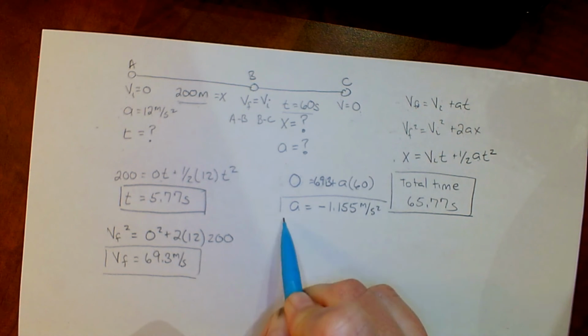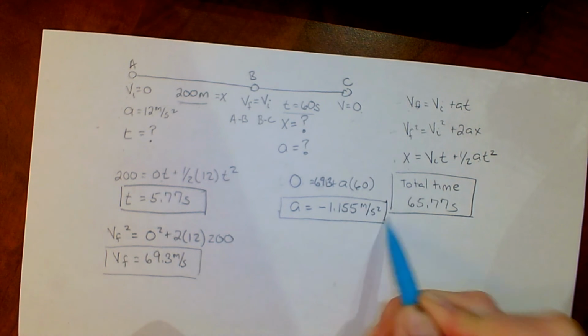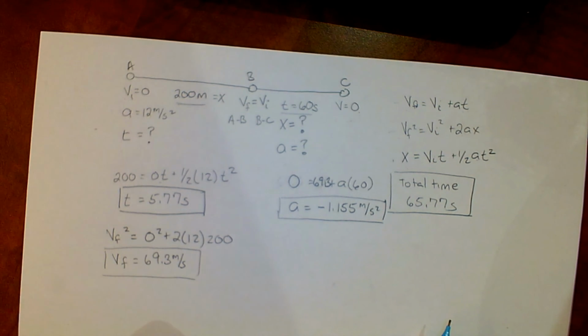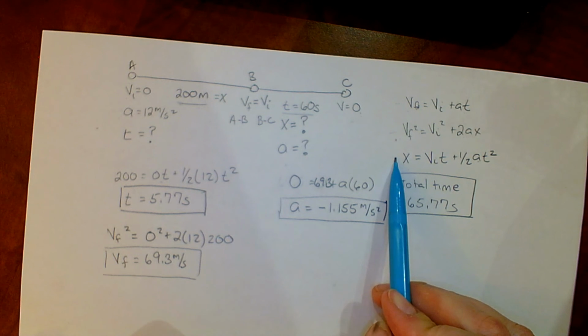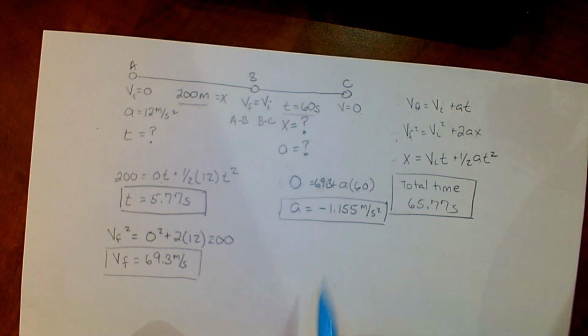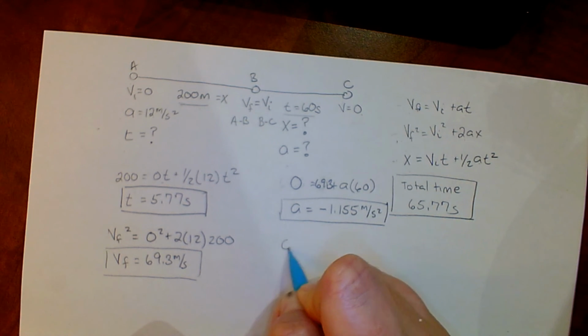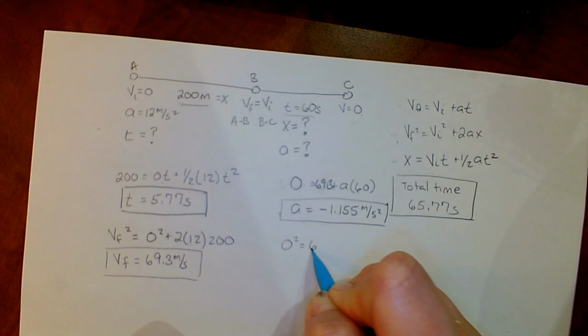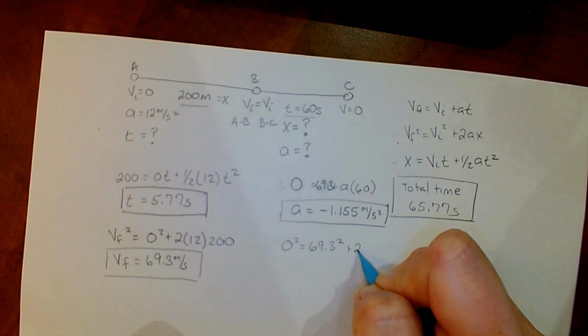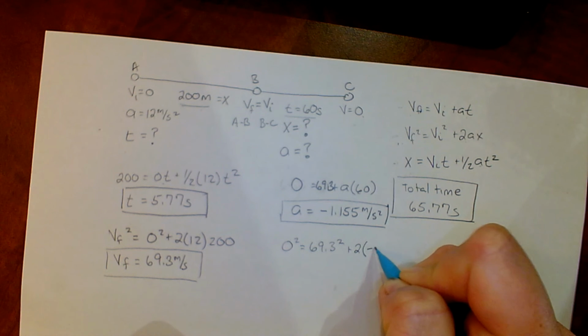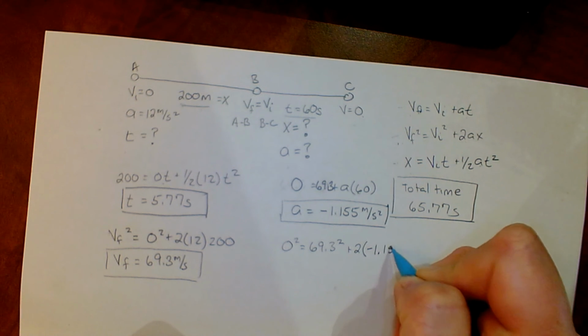And then the last step is to find distance. You can use this equation or this equation at this point. I'm going to use the second one. 0 squared equals 69.3 squared plus 2 times negative 1.155 times x.